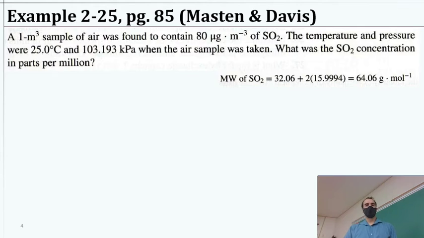This is sulfur dioxide. The temperature and pressure were 25 degrees Celsius and 103.193 kilopascals when the air sample was taken. The question asks, what is the SO2 concentration in parts per million?